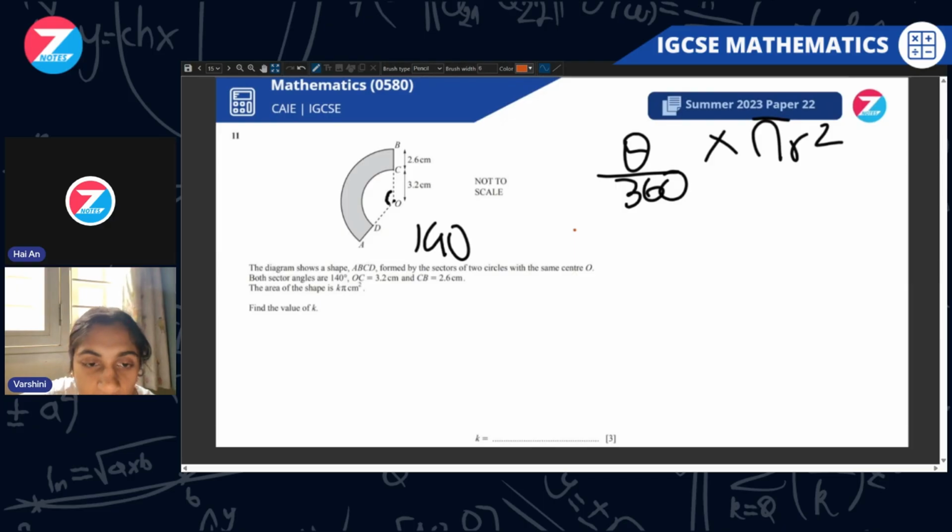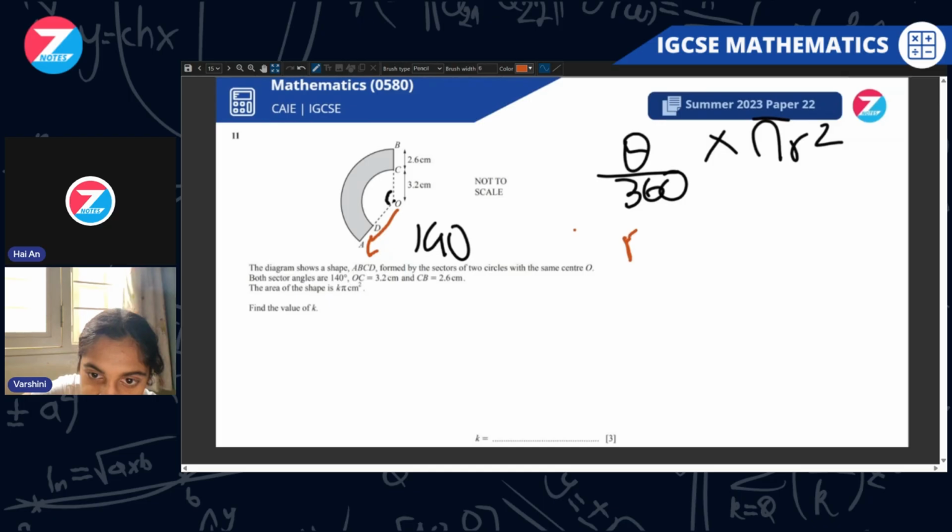Okay. So now we're going to find the area of the entire shape. So over here we can see R is going to be this full thing. So that's going to be 2.6 plus 3.2. And theta over here we know is 140 already.